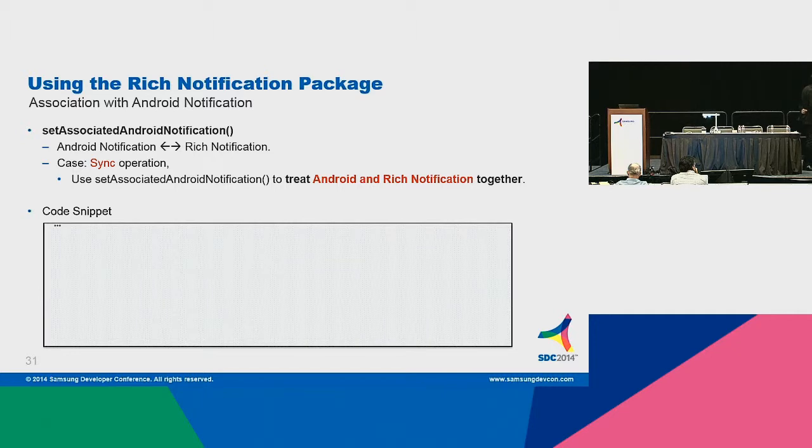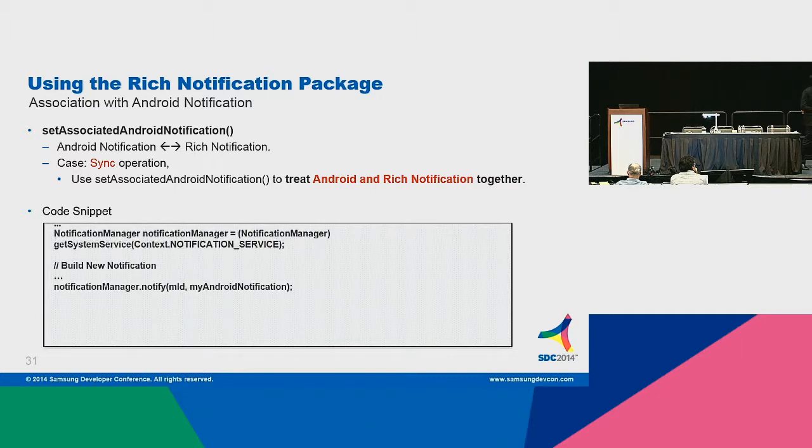For example, you want to treat Android notification and rich notification at the same time. For example, in cases of sync, then you use this API. And how do you associate your Android notification to the rich notification? This is how you associate. You already have built an Android notification using Android Notification Manager, then you just associate using this API.